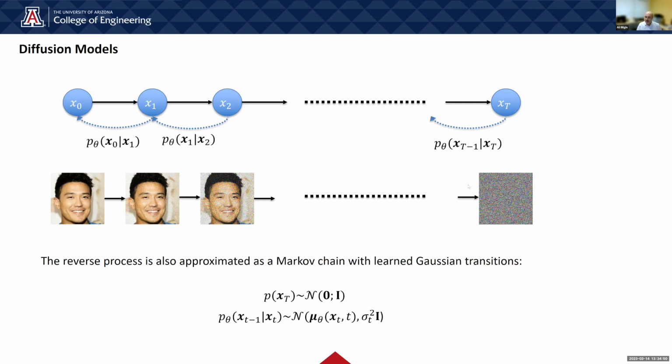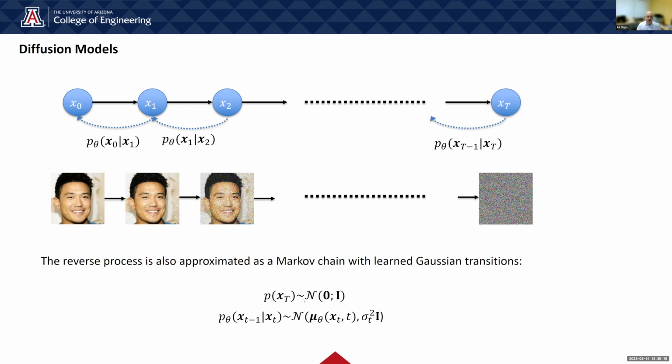And then you pass this through a network, which is defined by this parameter theta. And this network aims to estimate the mean at the next stage. Okay, so this is the network, and this is what you use for the learning process.